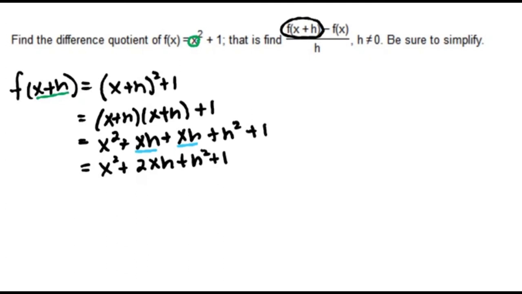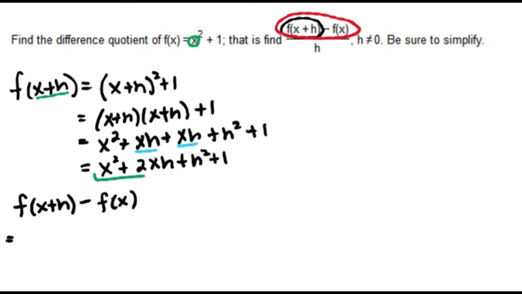So we've calculated f of x plus h, and now we'll calculate the whole numerator. So the whole numerator is f of x plus h minus f of x. And I'm going to use the work that I've already done. So we've already calculated f of x plus h to be this right here.